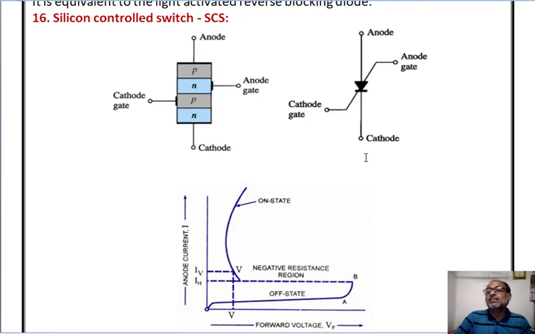So SCS is turned on or turned off by any gate signal. We use any gate signal, anode gate signal or cathode gate signal, to turn on or turn off the SCS, silicon controlled switch, and it is available in the range of 100 volt and 200 microampere.